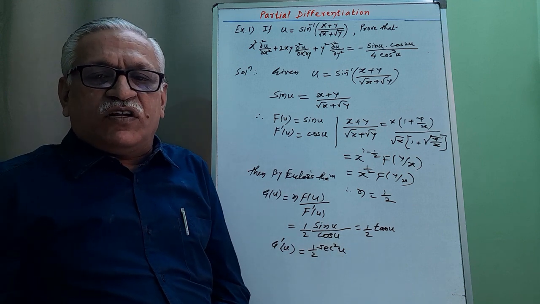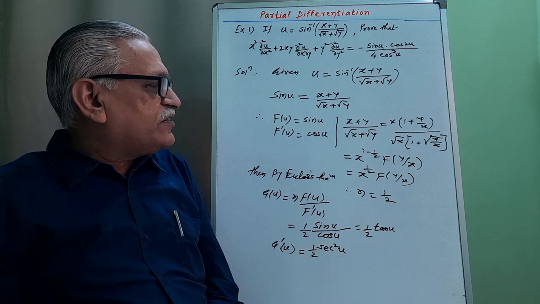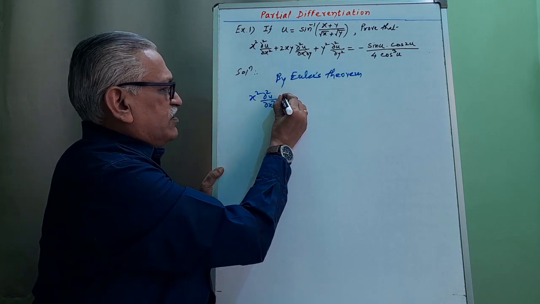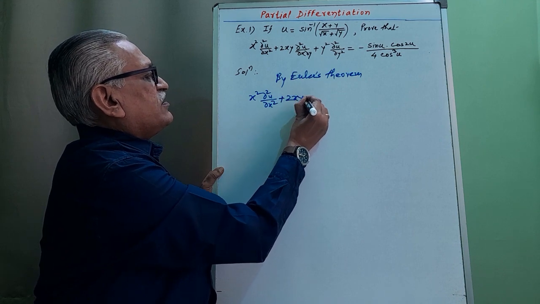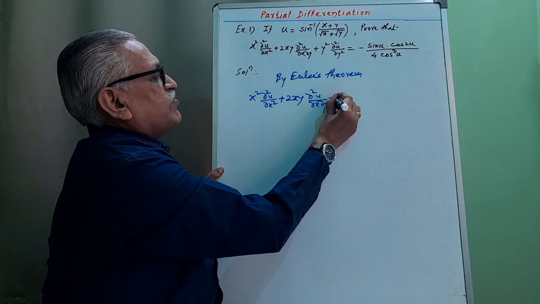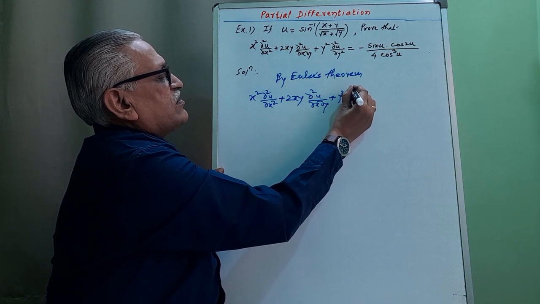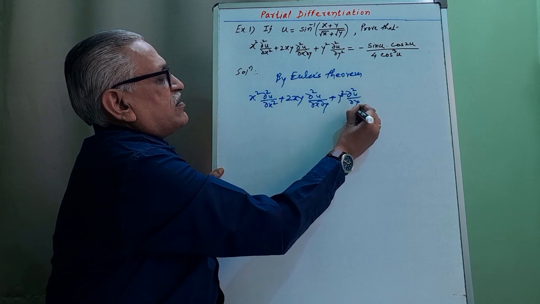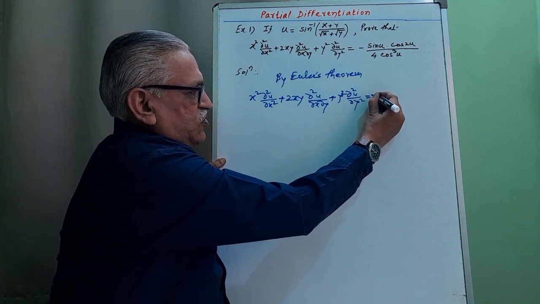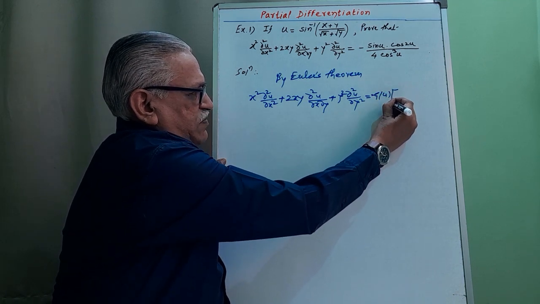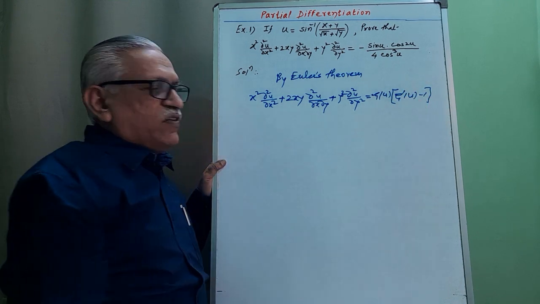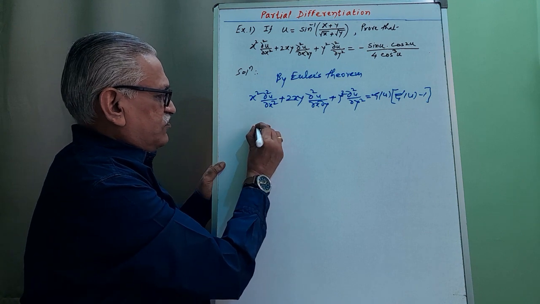Using this in Euler's formula, by Euler's theorem we have x square ∂²u/∂x² plus 2xy ∂²u/∂x∂y plus y square ∂²u/∂y² is equal to g of u multiplied by g dash of u minus 1.